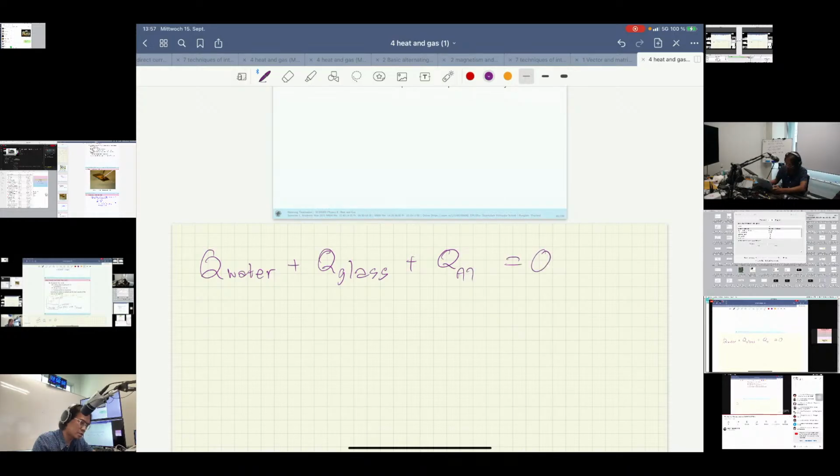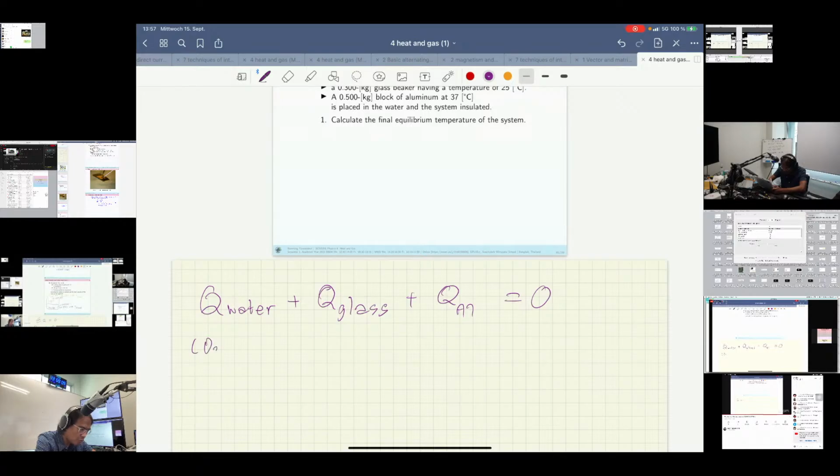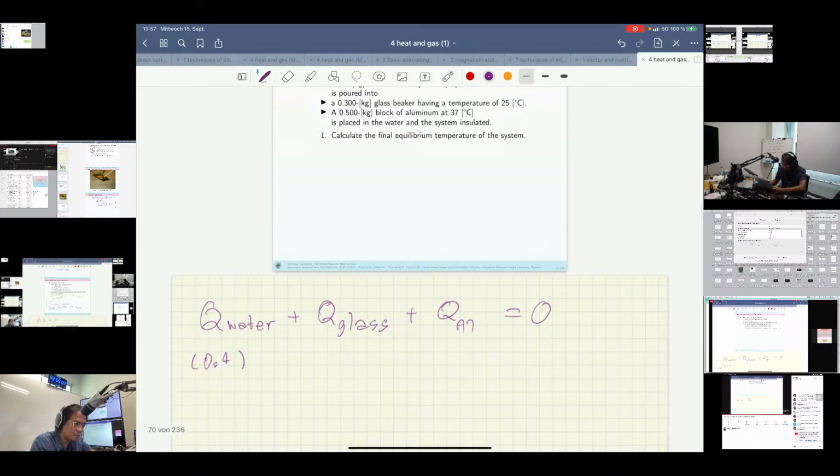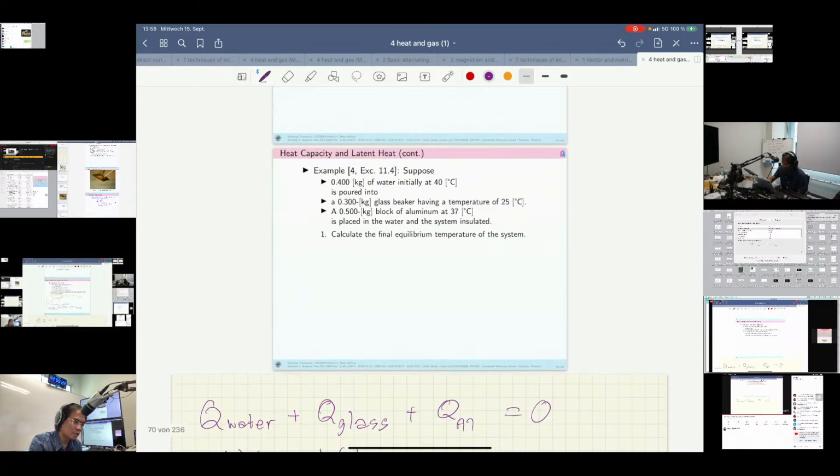And heat of water is M, 0.4 kilogram, and MC, C is 4190, and the temperature change is T final, TF, minus 40.